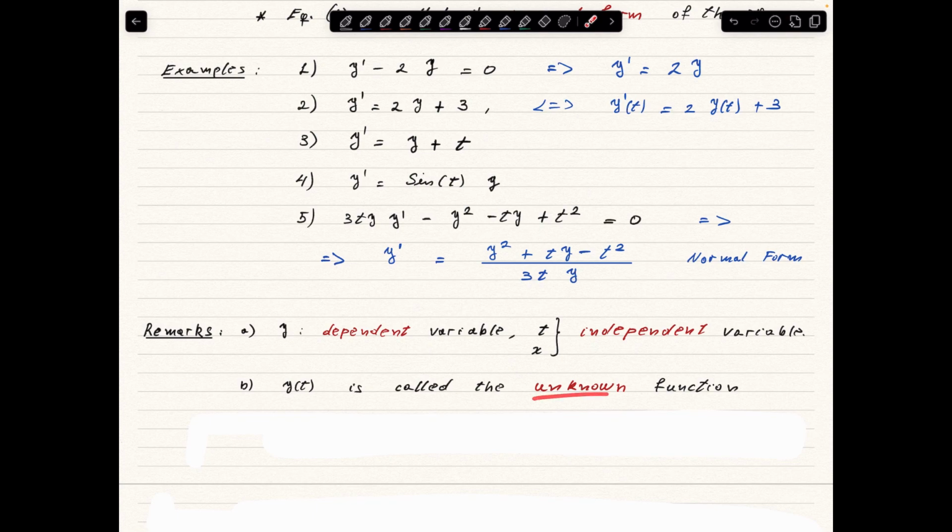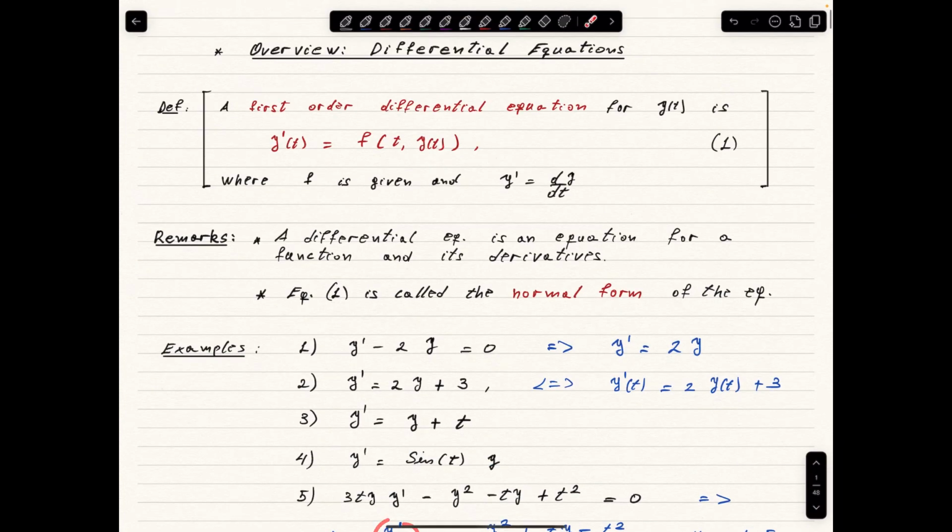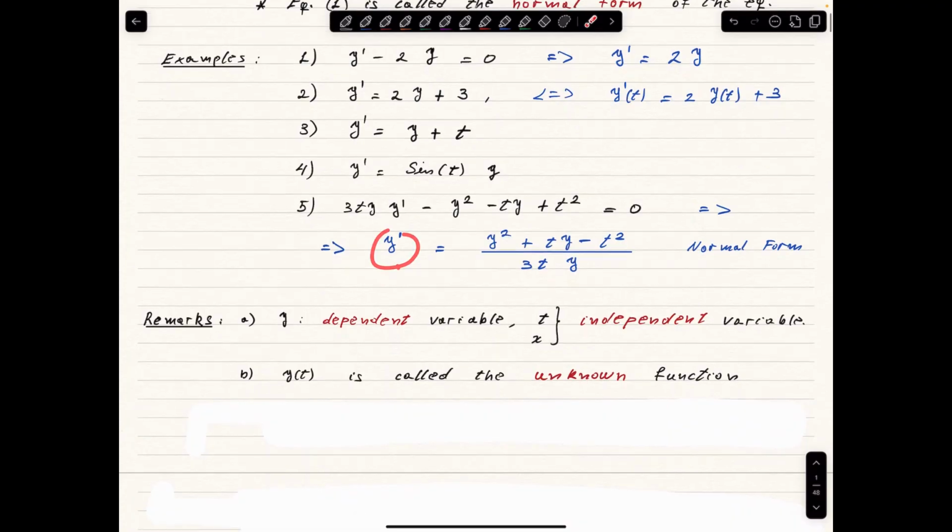Usually we look for these functions. They are also called the dependent variable of the equation, and to differentiate from the other variable, t is called the independent variable. Sometimes instead of t we are going to use x or any other name for the independent variable. The independent variable is the variable you are computing the derivative with respect to. So it is this variable here. That's the independent variable.